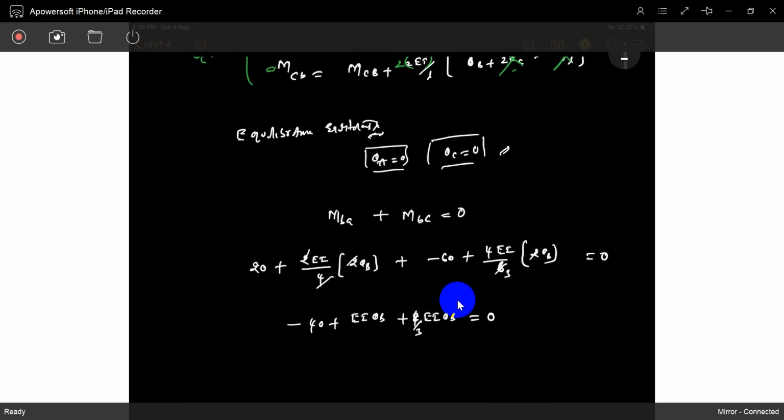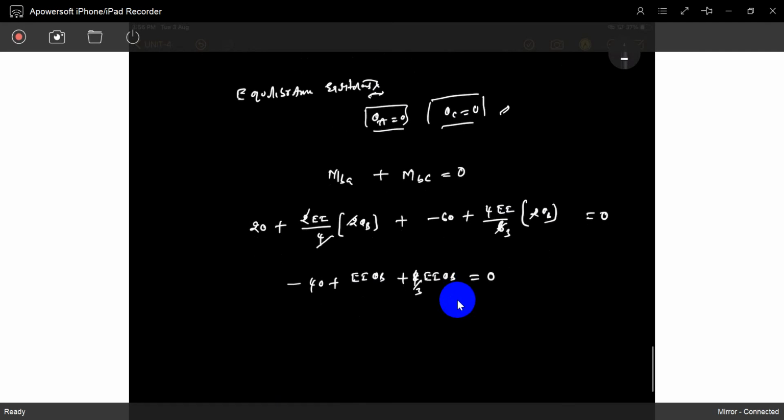So the EI value is something, but you don't need the EI value also. Based on that, you will calculate EI theta B. If you add 4 by 3 and 7 by 3, you'll get 40.